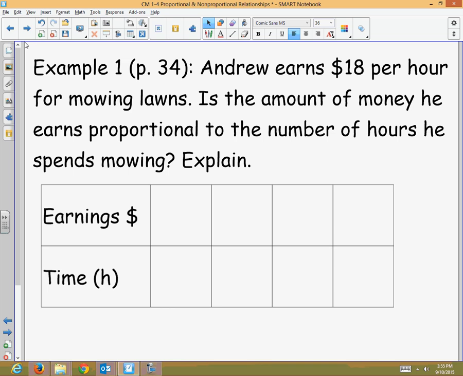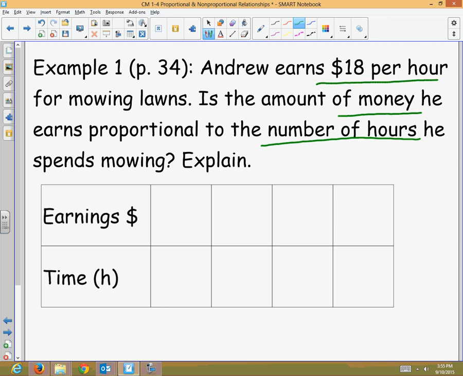It asks us to solve the number of hours compared to the money he earns. So we have money he earns and number of hours that he works or spends mowing the lawn. Now he earns $18 per hour. So to fill in our chart, we have $18 he earns, and the time it takes to earn $18 is 1 hour. Now let's say he has a larger lawn to mow, and it takes him twice as long.